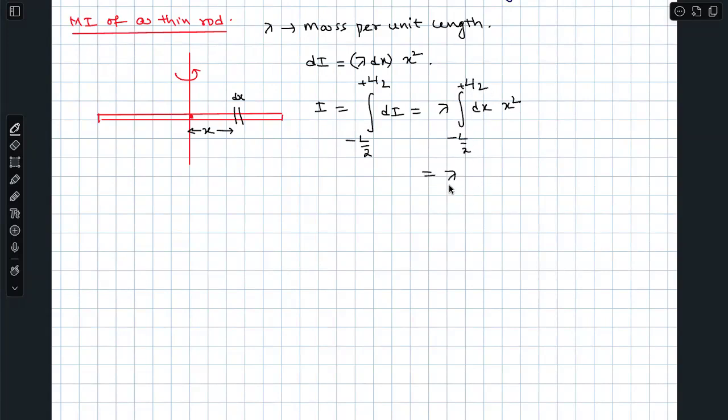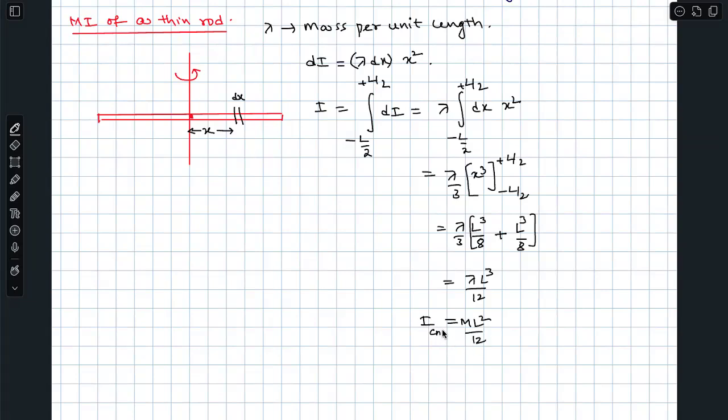This is nothing but lambda by 3, x cube. Lower limit is minus L by 2, upper limit is plus L by 2. Lambda by 3 times L cube by 8 plus L cube by 8. This is nothing but lambda L cube by 12, which is nothing but M L square by 12.